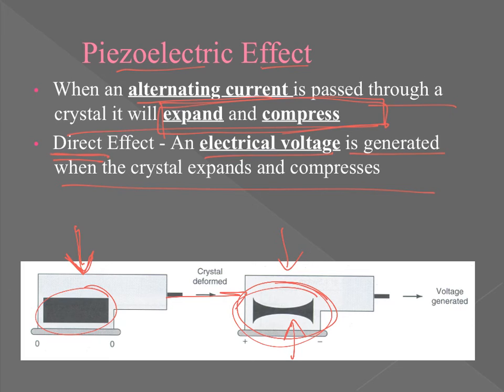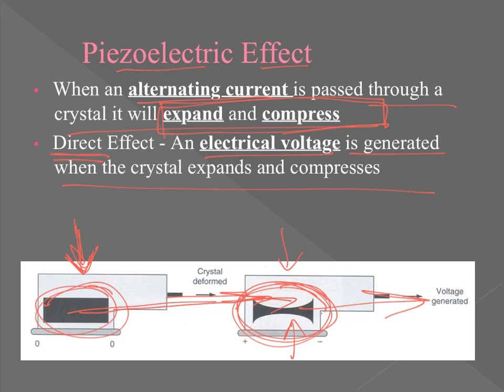Does that make sense? Starting here in a neutral position, turn that device on, alternating current causes compression, and then we have voltage being generated. That is the direct effect. Here, we have a device that's off. We turn on that device, it begins, and we're going to start our treatment.